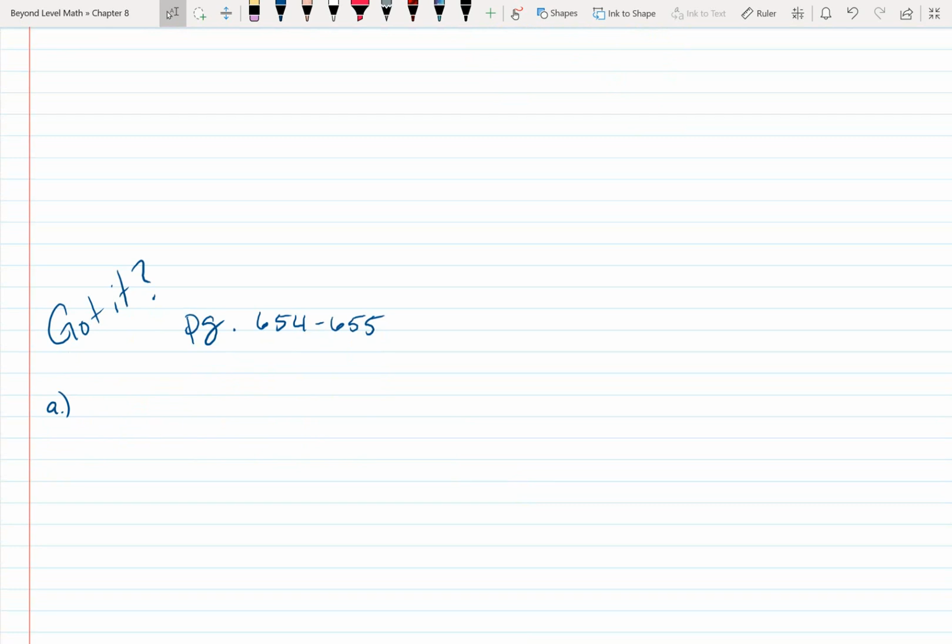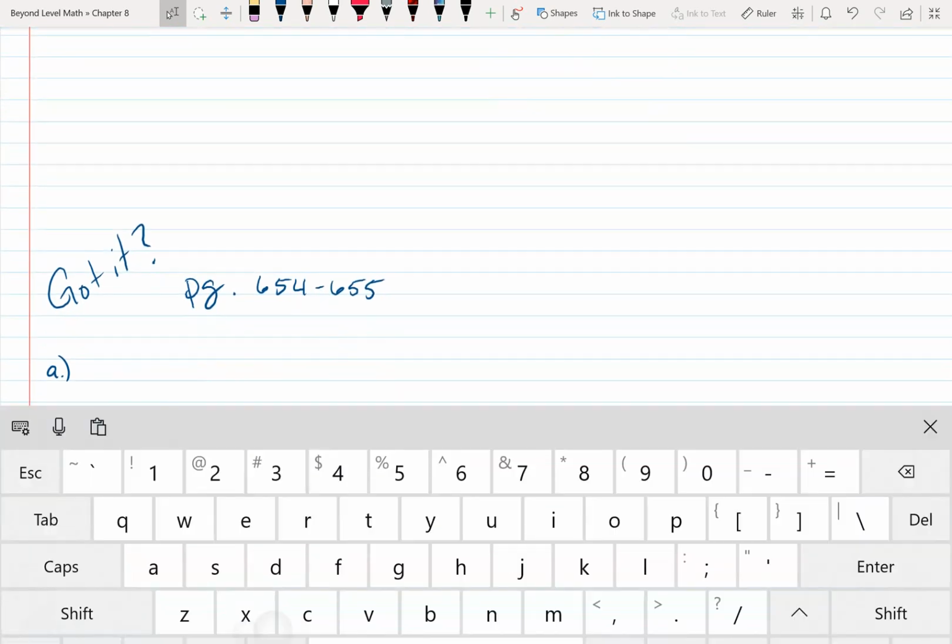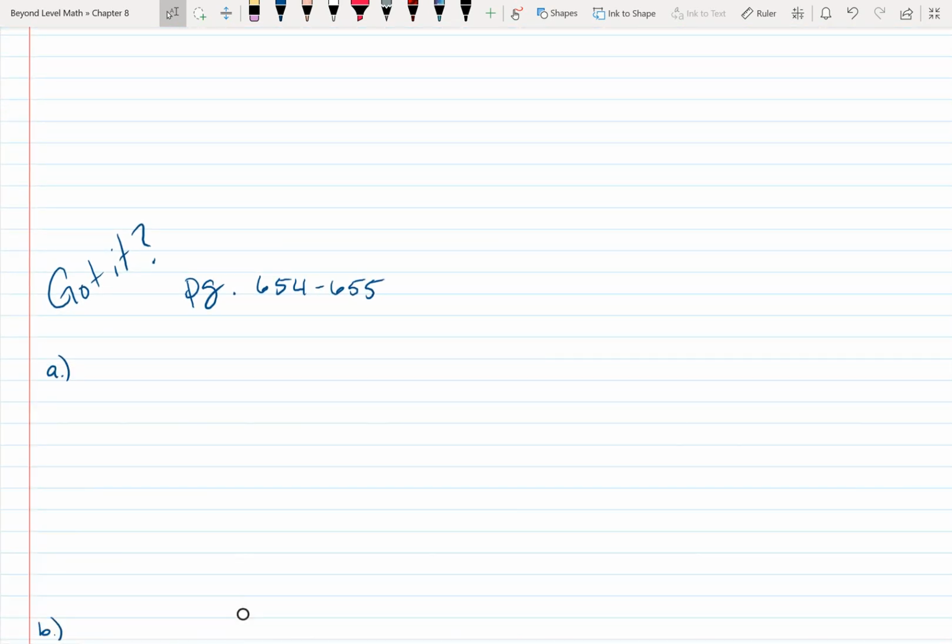Alright, pause, then go ahead and work through. I'm going to go ahead and start. It says, got it, A. Find the volume of a pyramid. So I'm going to start with my original formula, V equals 1/3 capital B times H. Volume of a pyramid that has a height of 9 centimeters and a rectangular base. So I know that I'm going to break this down to length times width.